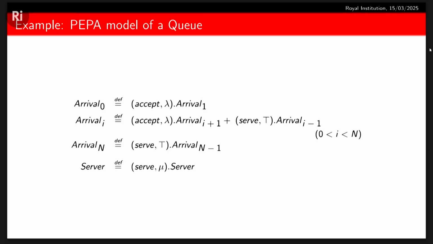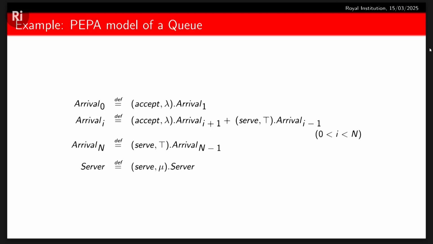So here's a queue described in one of these languages, a very simple example. So it's just writing down in words very much what we had with the queue before. So we have an arrival. It arrives at some rate. We've called the action accept. So the arrival is accepted into our system. We start off with a system where there's 0.